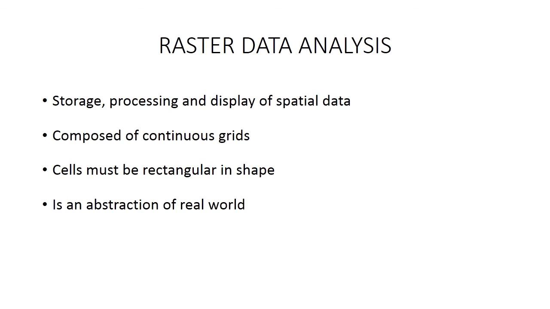Each cell must be rectangular in shape but not necessarily square. Each cell within this matrix contains location coordinates as well as an attribute value. Means a cell has the coordinate information, that is latitude and longitude of the spatial data, as well as the attribute value, means the non-spatial information which is related to spatial data is also stored in that pixel.